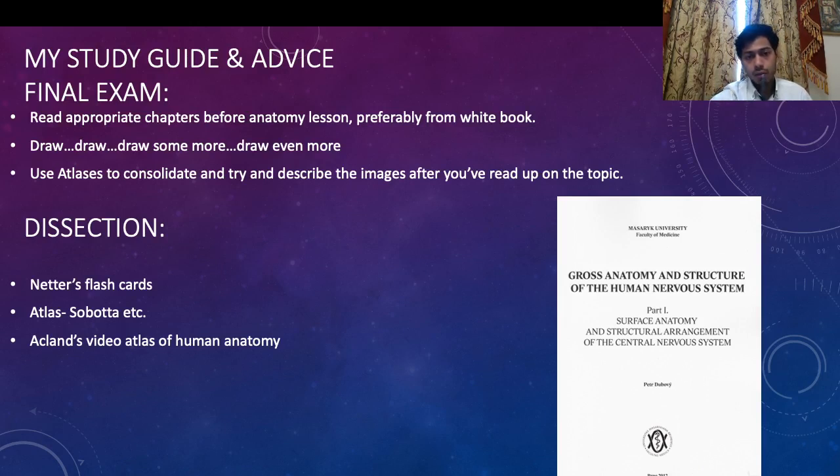I would use that as my main source of information to actually learn. You could supplement that with Netter's Atlas or Sobotta or any other atlas, but I would use this as the basic foundation source.